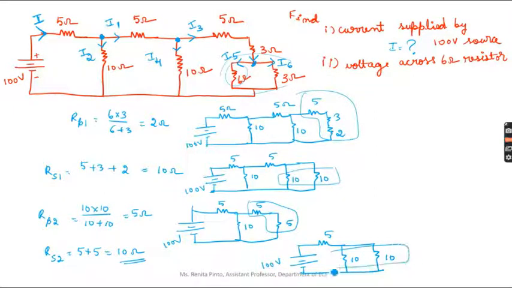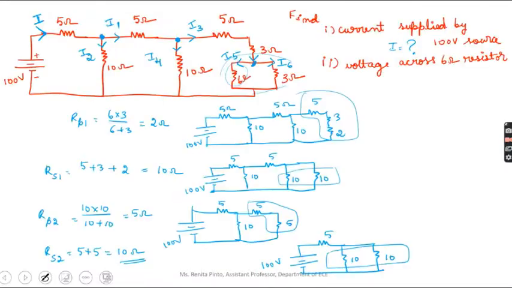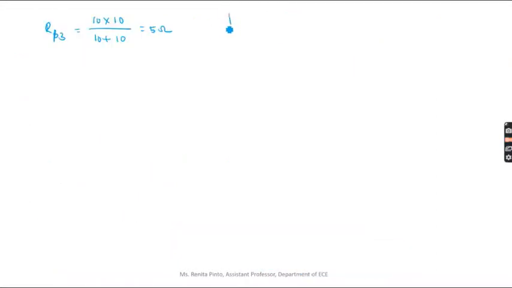Again, 10 ohm and 10 ohm are in parallel. Here we have already calculated that. So Rp3 is 10 ohm and 10 ohm in parallel, 10 into 10 over 10 plus 10, which gives you 5 ohms. So now my circuit will look like this: this is 5 ohm and this is 5 ohm, and this is 100 volts.